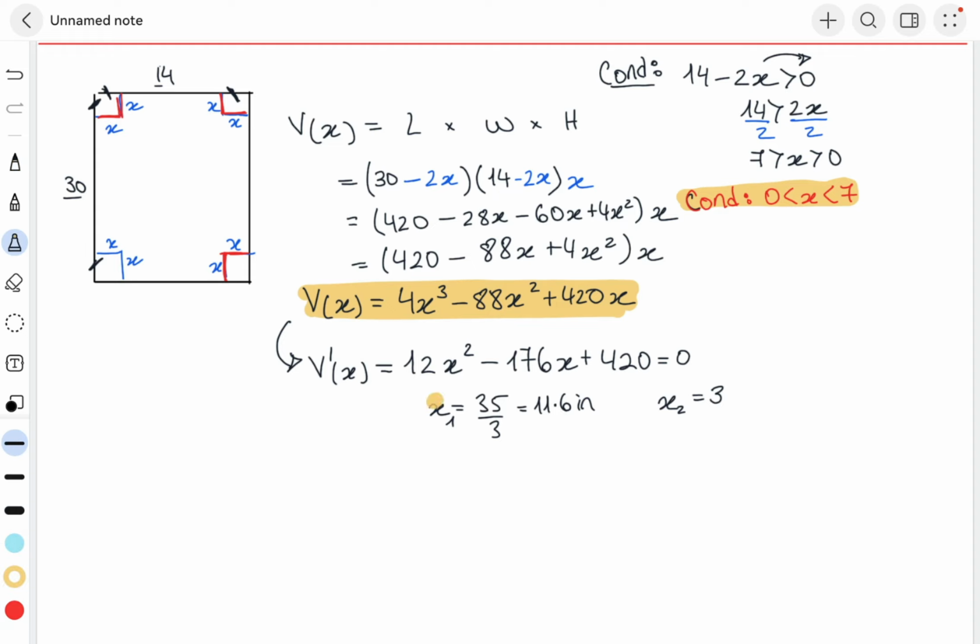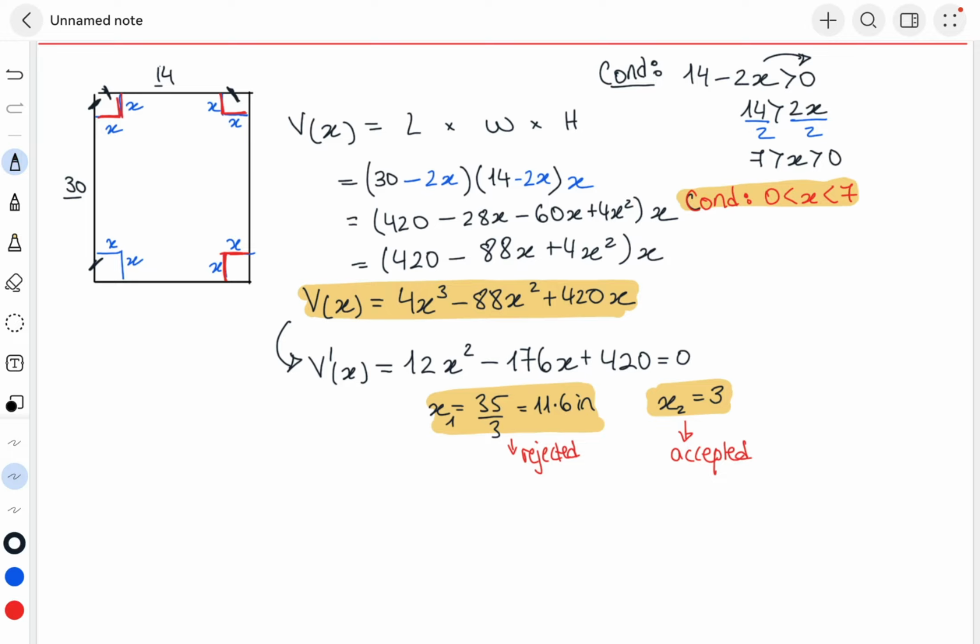Now, we have these two numbers. We need to check whether they are in our condition or not, if they are accepted or rejected. 11.6 inches is greater than 7, so x1 is rejected. x2 is indeed between 0 and 7, so our value here is accepted.